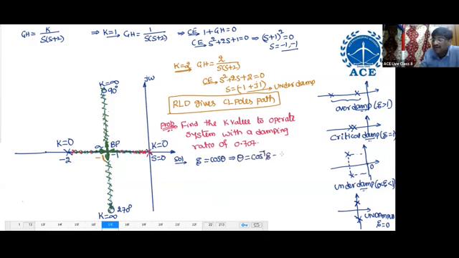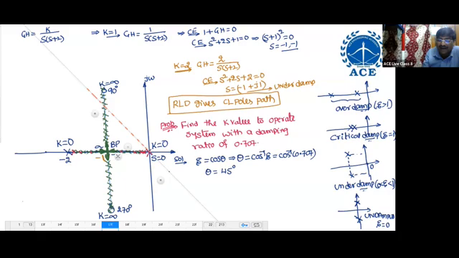So that means cos inverse of 0.707. How much? Theta equal to 45 degrees. You draw a line with the angle of 45 degrees, like this.